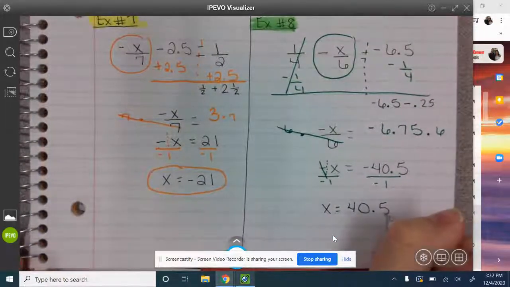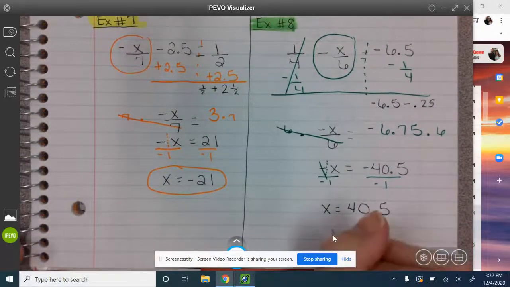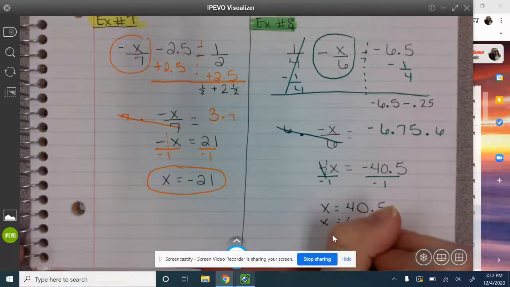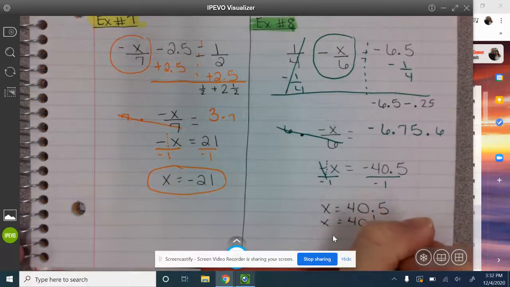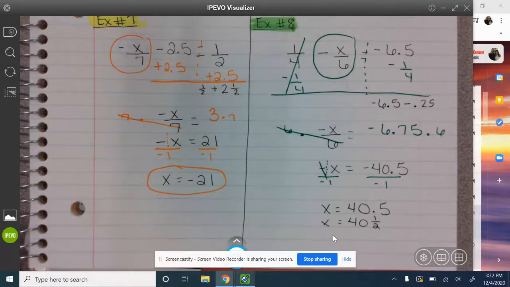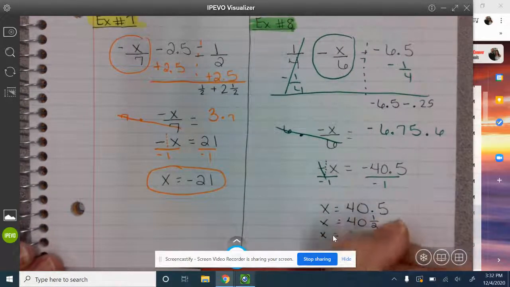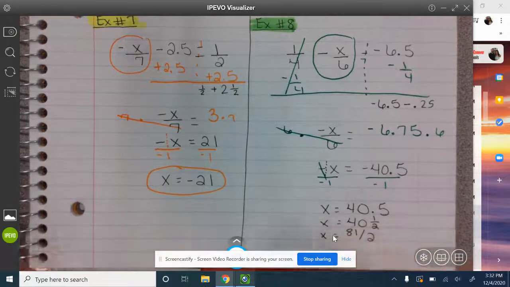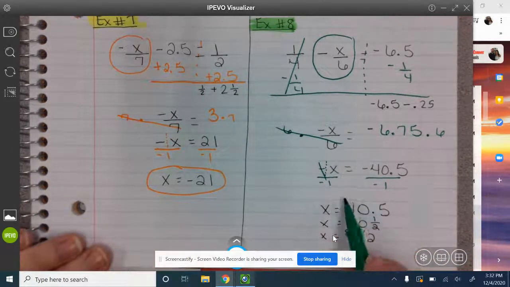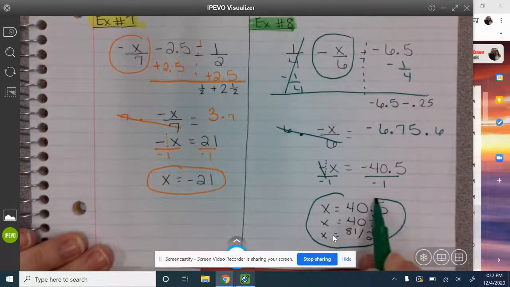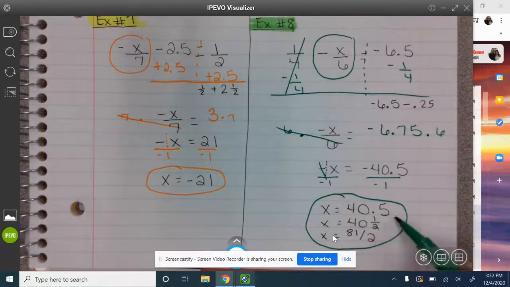You can leave it as positive 40.5. You could tell me that x equals 40 and 1/2. You could tell me that x equals 81 over 2. Any of these are acceptable answers for this equation because at the end of the day, they all mean 40.5.